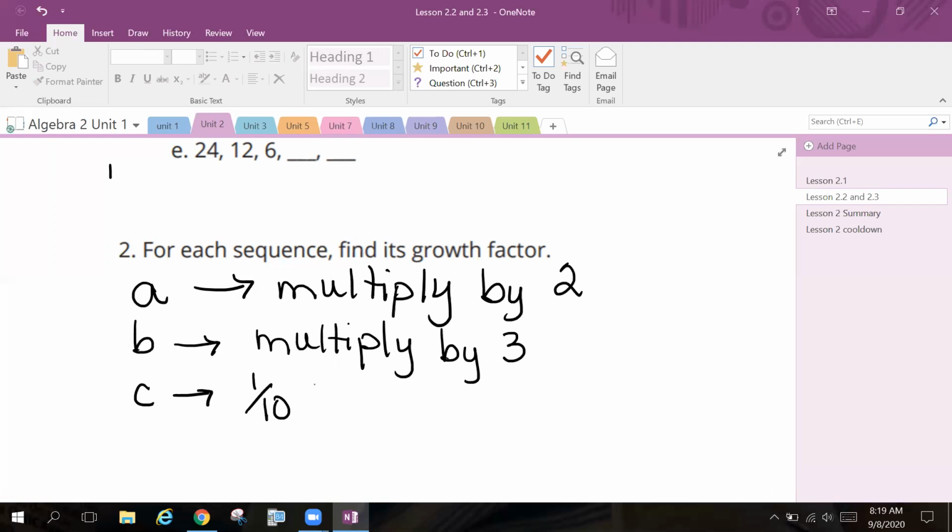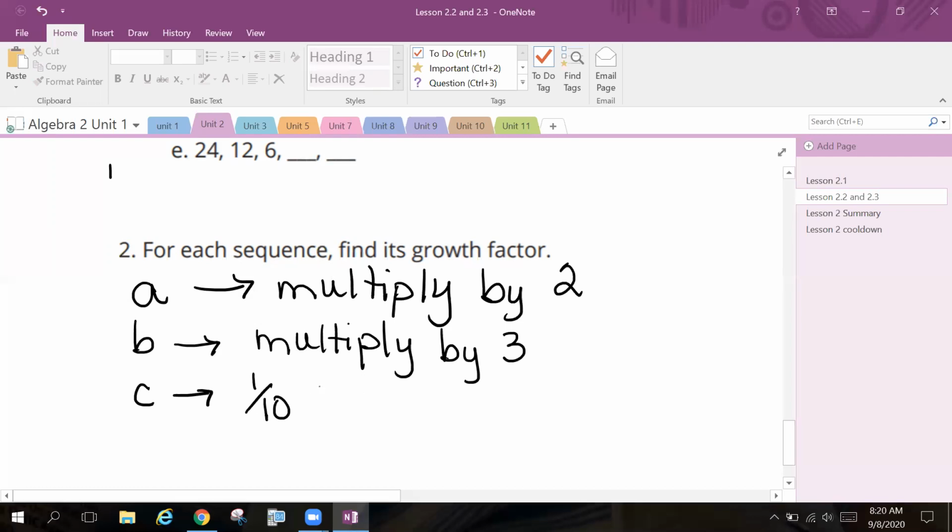So in sequences, you can't write it as division. You have to take that number and flip it. When you're dividing with fractions, it's the same as multiplying by its reciprocal, and that's what we're doing. We're multiplying by the reciprocal of being divided by 10 over 1. It's being multiplied by 1/10.